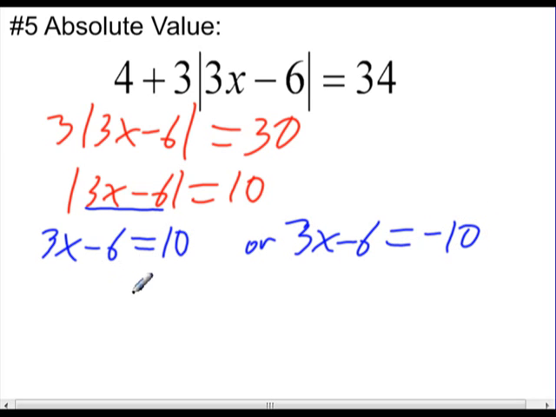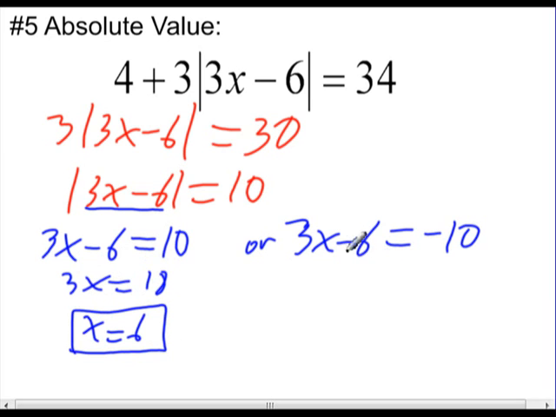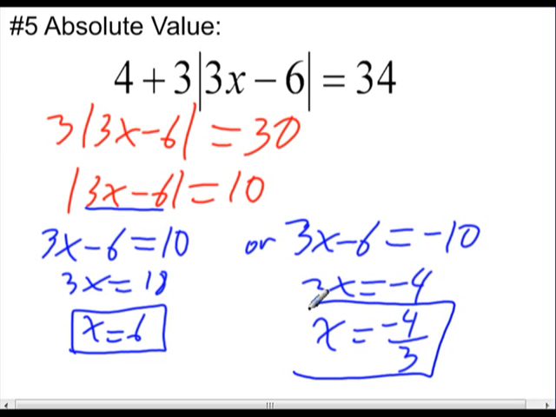And now if we go ahead and solve this equation, pretty simple equation, 3x equals 18, so x equals 6. So there's one possible solution. And over here, if we add the 6 to both sides, we get 3x equals negative 4. So x equals negative 4/3, which is another possible solution.